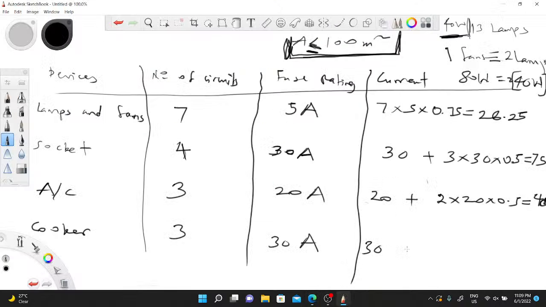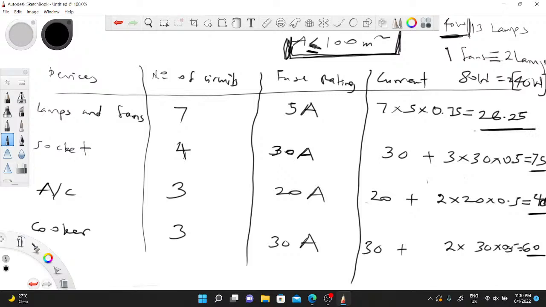So here, full load for the largest, it will be left with 2, 50%, and that will give us 60. So we have this: 60, 40, 75, 26.25.